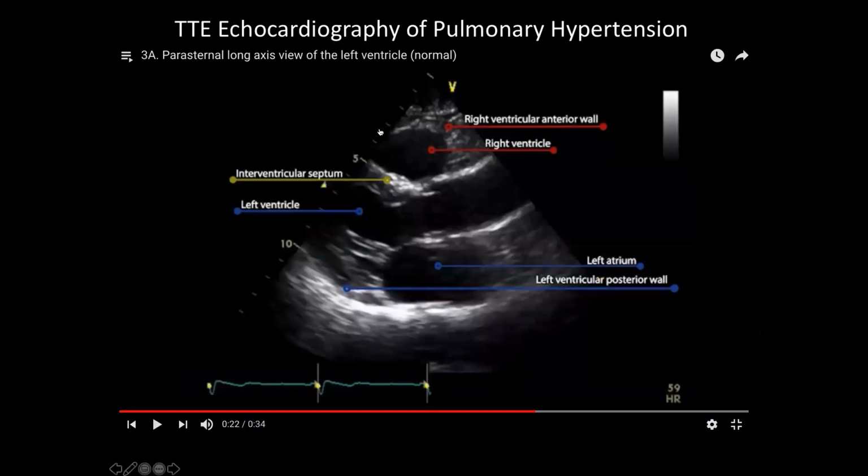So that's aortic stenosis. Any questions about that?